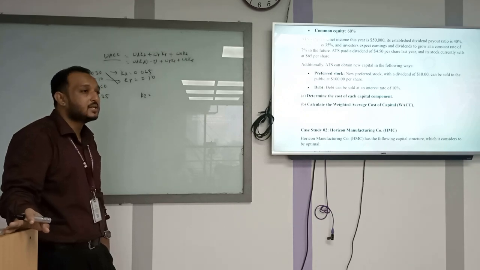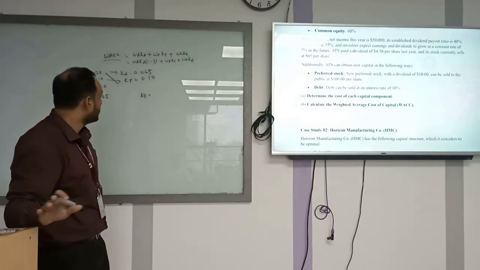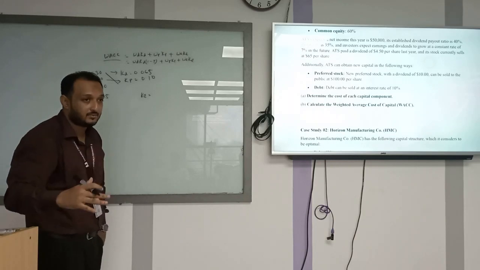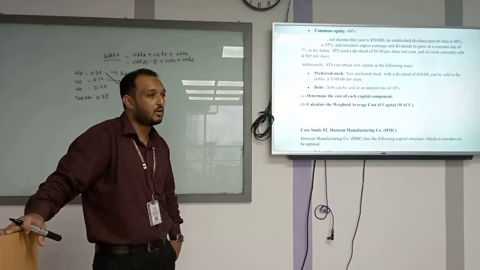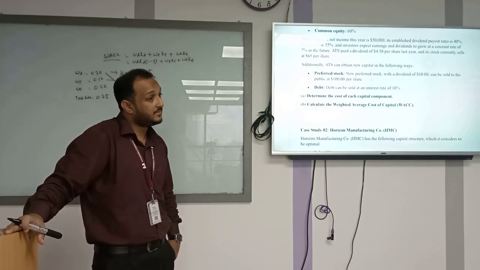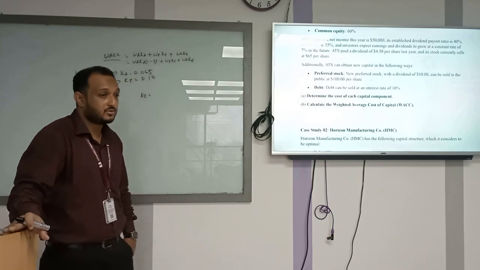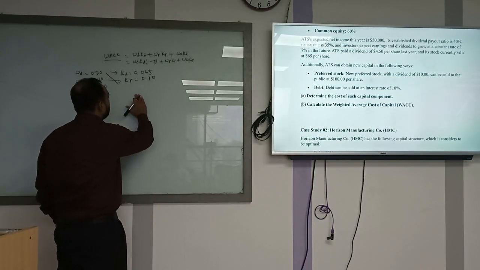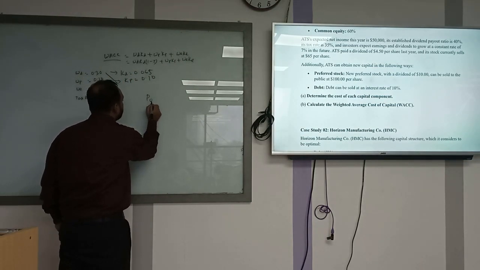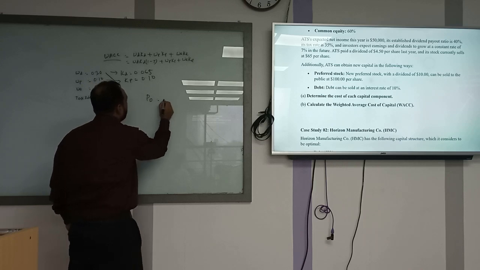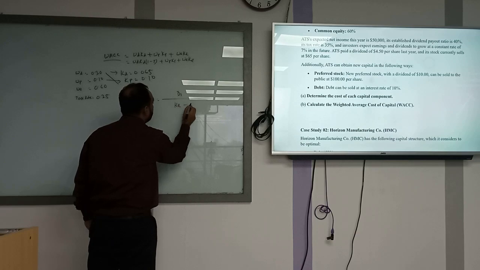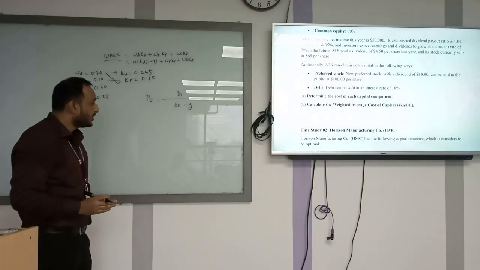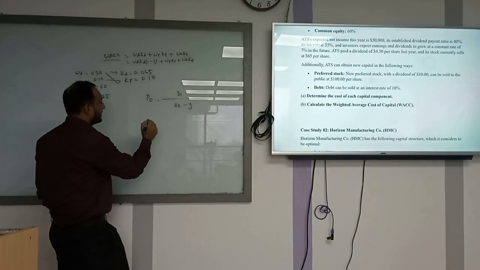So what is KE? Based on this information, I can use the dividend growth model, or Gordon growth model. If I need to determine the price, the formula is D1 divided by KE minus G. What information is given here?